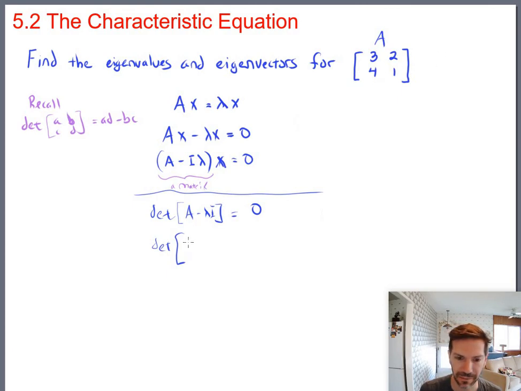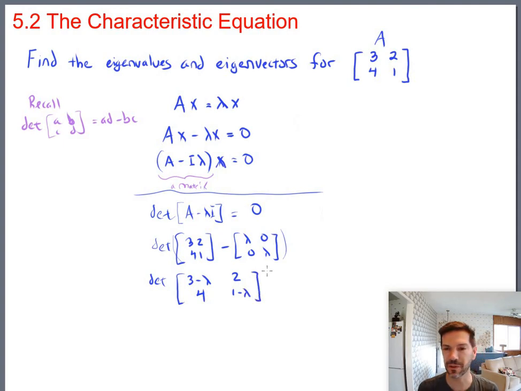Maybe I should write this out: the matrix 3, 2, 4, 1, minus lambda, 0, 0, lambda. That's lambda times an identity matrix, and then subtract, and you get this.